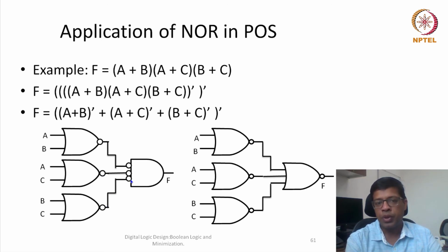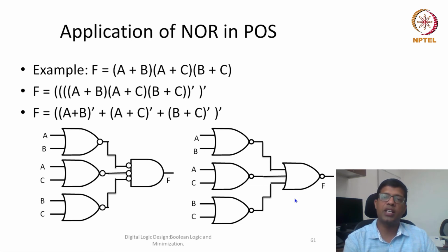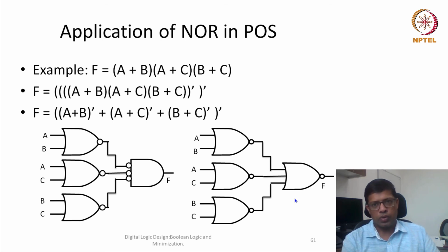Because of these inverters, this has become a NOR gate, this also becomes a NOR gate, and an AND gate with inverted inputs is called a NOR gate. So this is how NOR gates can be used for effective implementation of product of sum expressions, and NAND gates can be used for effective implementation of sum of products.